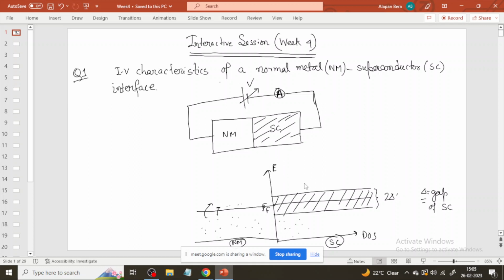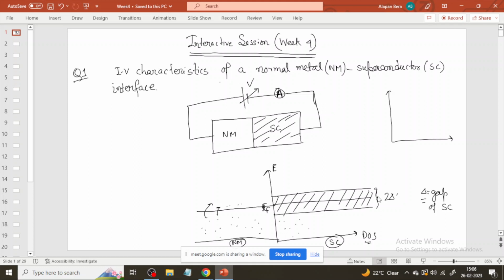To derive how the IV characteristic will look in this junction, we first have to see the density of states that appears in the normal metal and the superconductor. In the case of a superconductor, if this is the Fermi energy, this is the energy axis and this is the density of states, then a gap appears at the Fermi energy.